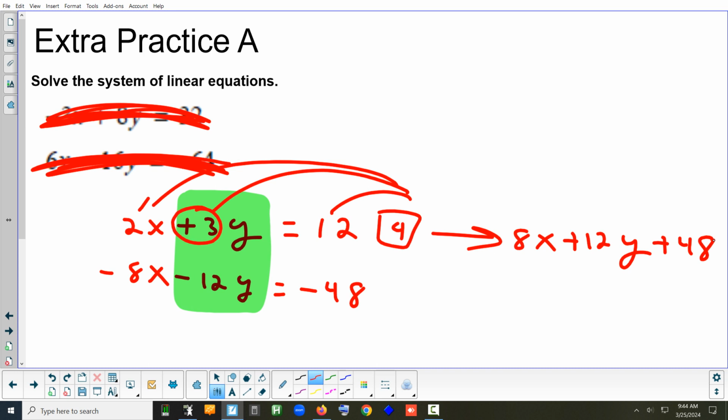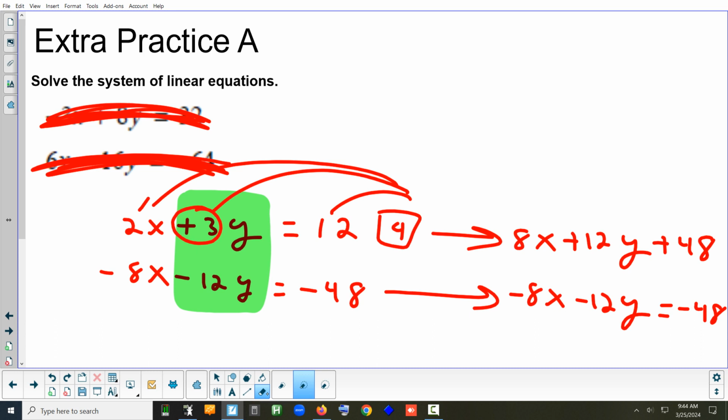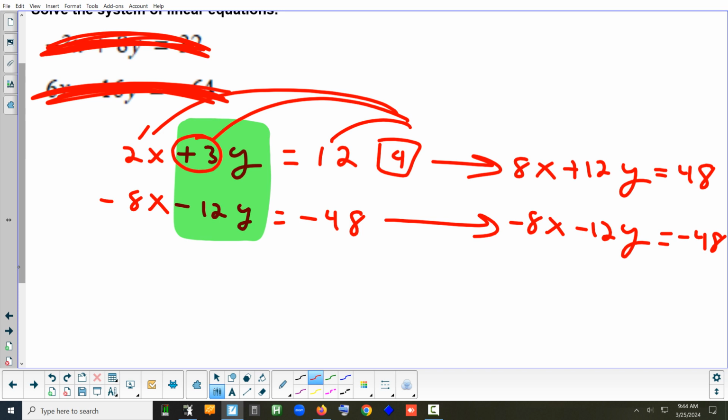No. So what happens to it? It stays the same. So let's copy it over: negative 8x minus 12y equals negative 48. All right, so now let's add them up. What's 8x plus negative 8x? Cancels. This is gone.